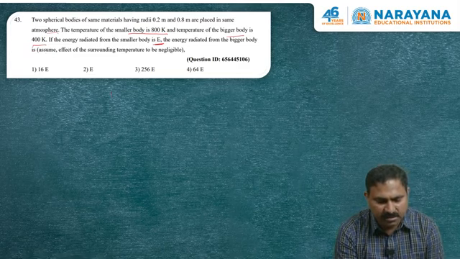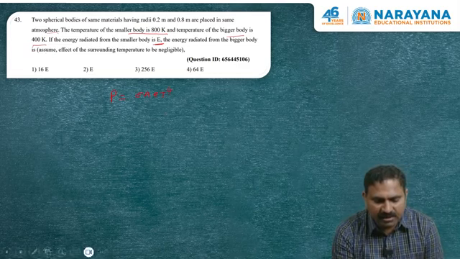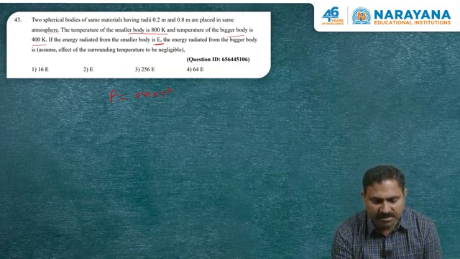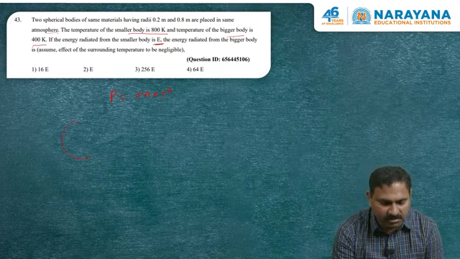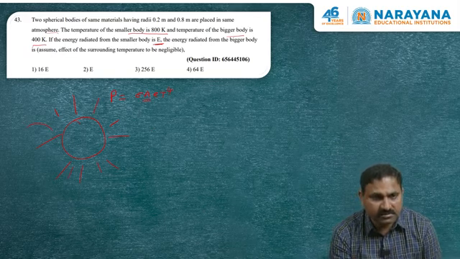According to Stefan's law, power radiated will be sigma A E T power 4. As both are identical bodies and surrounding temperature is assumed to be neglected, this is the total amount of energy radiated by the body per unit time.